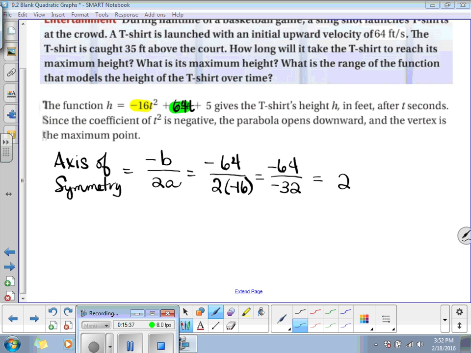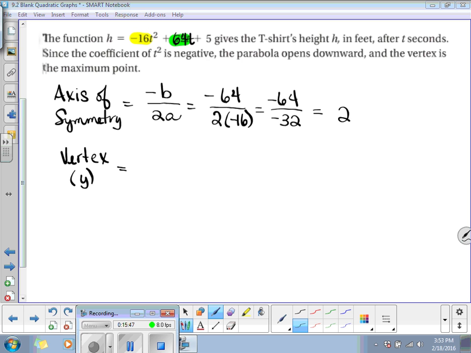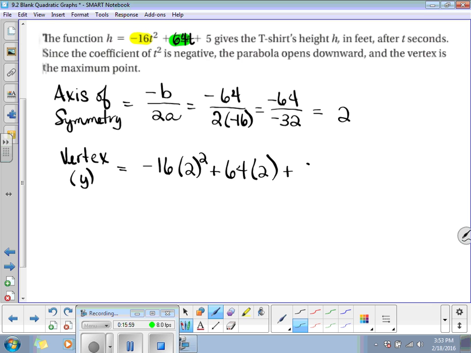So now we want to find the vertex, more specifically the y value of the vertex. So we've got -16 times 2 squared plus 64 times 2 plus 5.